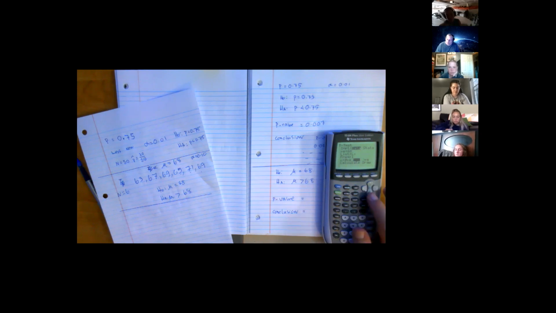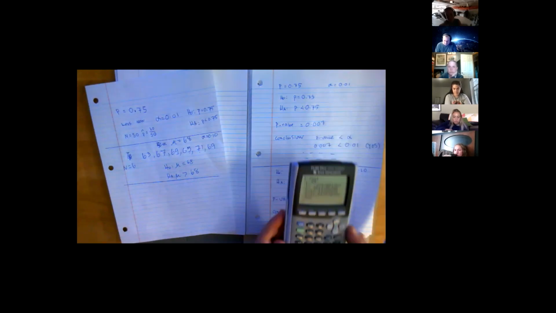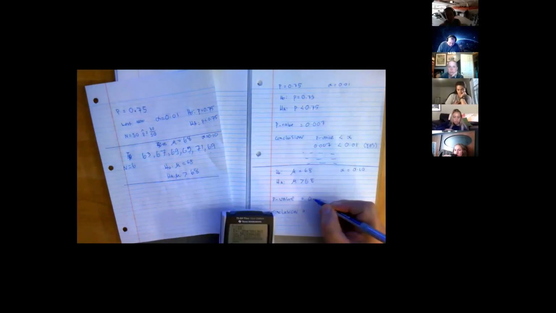Then I hit calculate, and I get all sorts of things here. But the important one is the one they're calling P equals. And this time P equals is a kind of disappointing 0.3, at least that's what I've got. Did you get the same numbers? I got a thumbs up, we're going for it.